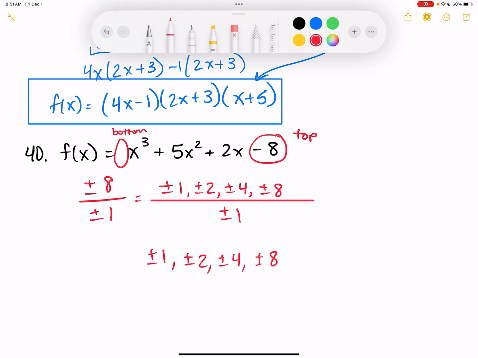I don't know why he wouldn't use the calculator. I think he will now. But I guess when he was at Menchville, they wouldn't let him use a calculator for this, and so you had to do all of these by hand, which is miserable. So I'm going to show you how to do it on the calculator. Then we just verify it by hand because sometimes it's hard to tell, and then we go from there.